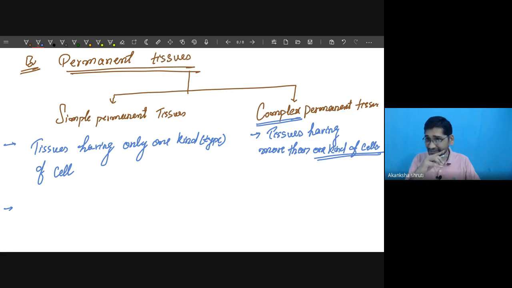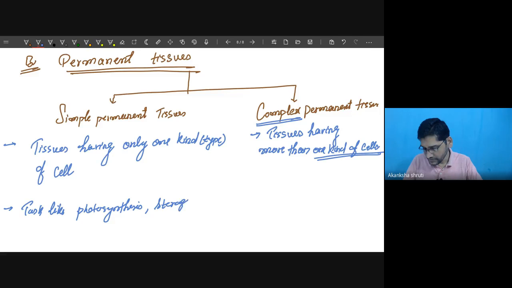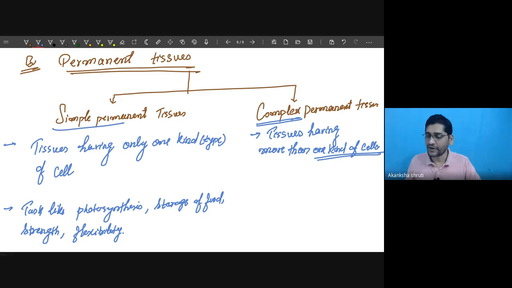So it is for a specific task, like photosynthesis, which means preparation of food by the plant, storage of food, the strength and the flexibility provided by the simple permanent tissues, and it is for transportation.